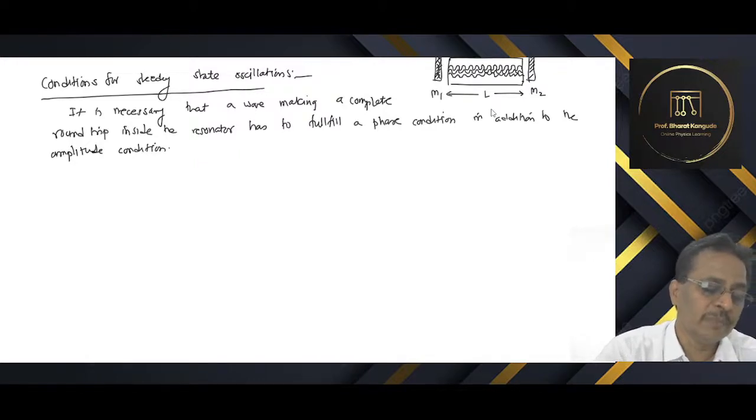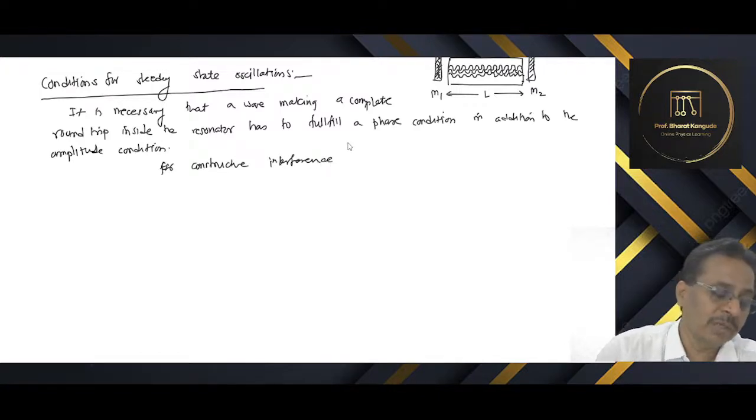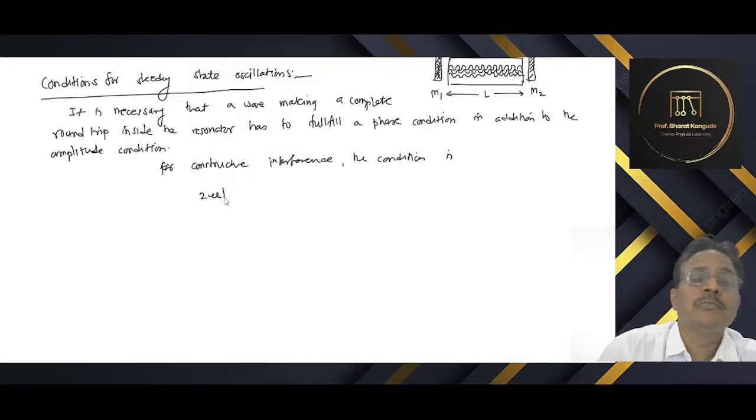For constructive interference, the condition for amplitude amplification is a very simple condition: twice mu into L is equal to m multiplied by lambda, where m is equal to 1, 2, 3, 4, etc., all the integers.